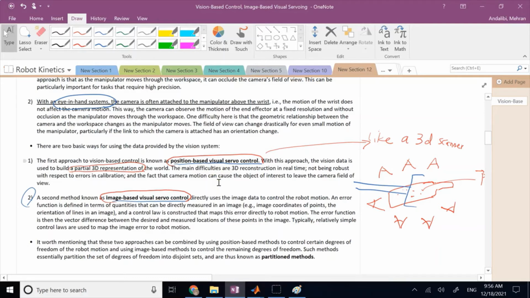Okay, because many of the computations for a robot have to be done in real time. And this is not something very easy that you can do, this 3D reconstruction from multiple views. This is not really something you can easily do in real time.